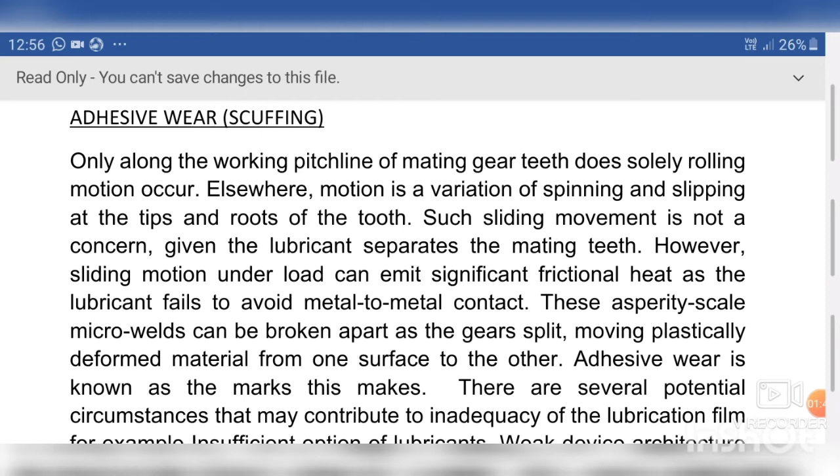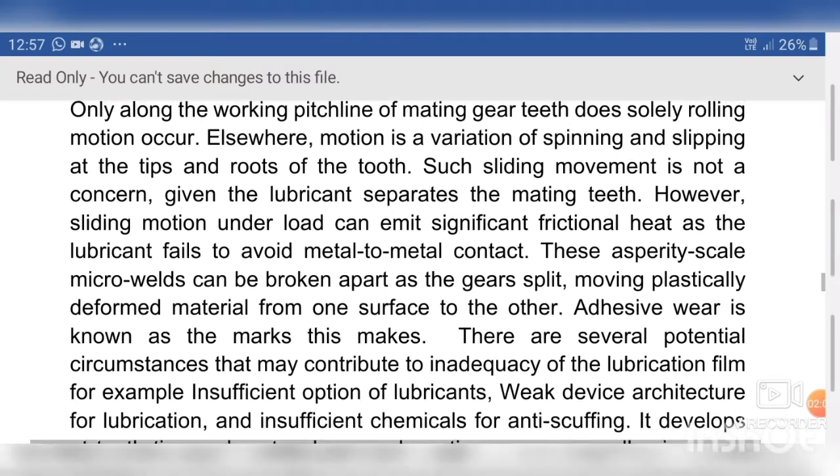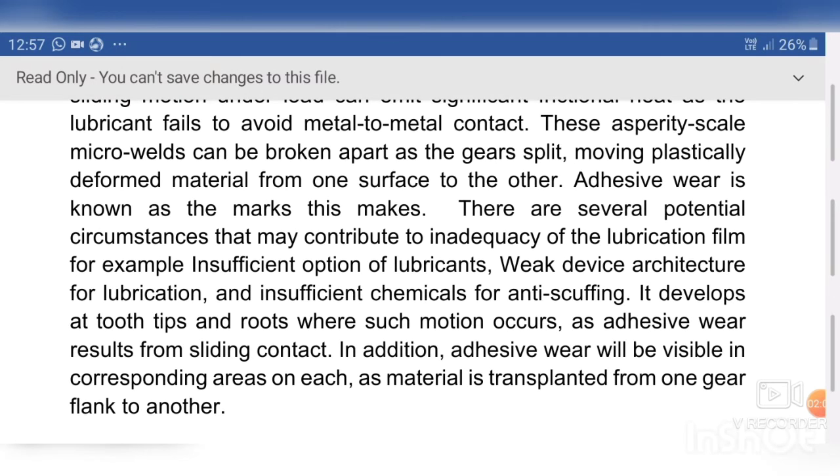Such sliding movement is not a concern given that the lubricant separates the mating teeth. However, sliding motion under load can emit significant frictional heat as the lubricant fails to avoid metal-to-metal contact. It develops at the tooth tips and roots where such motion occurs, as adhesive wear results from sliding contact.